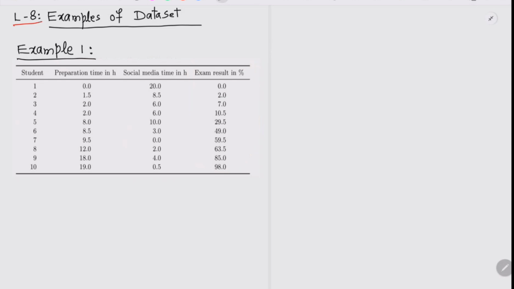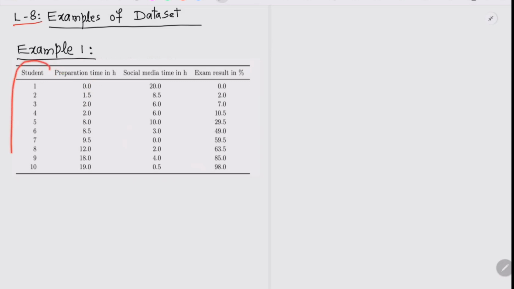Now my question is: what kind of data will you consider this? Is this a labeled data set or an unlabeled data set? My next question is: what columns can be included in a data set?